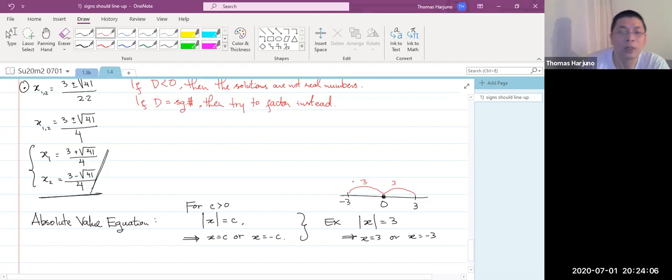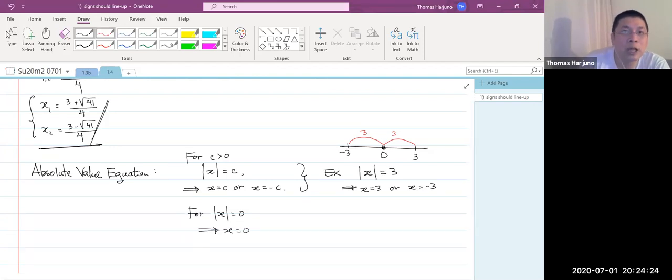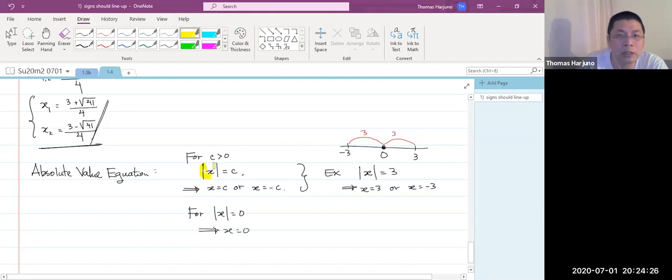Okay. Now what happens if absolute value of x equals 0? Well, the only time absolute value of x equals 0 is when x equals 0. Now notice that absolute value actually represents distance. Distance from 0 in this case will be either a positive number or 0, but distance cannot be negative.